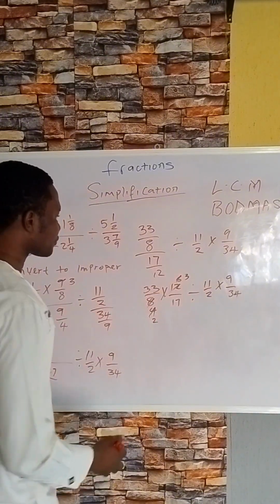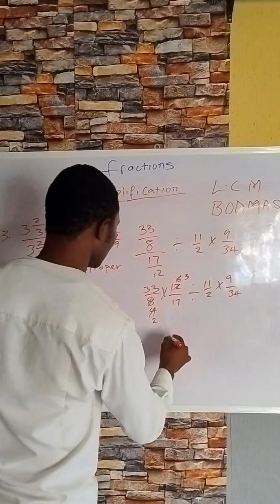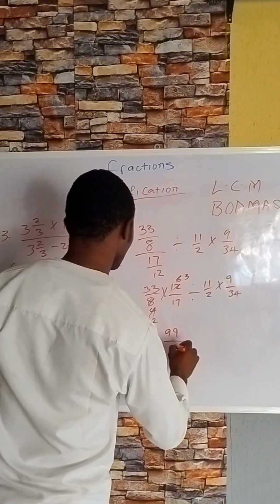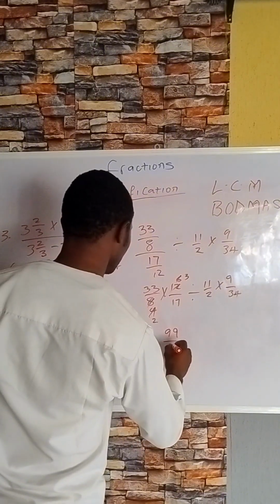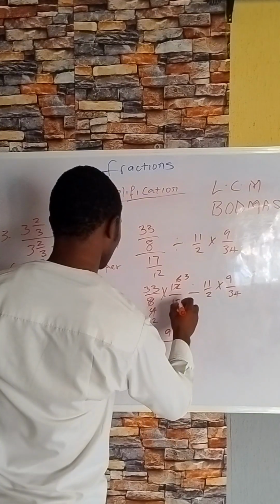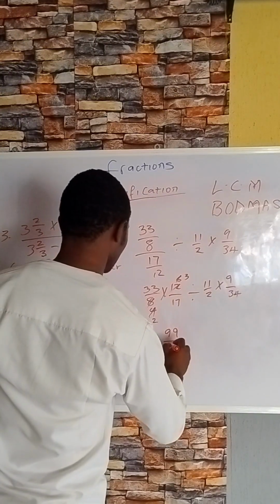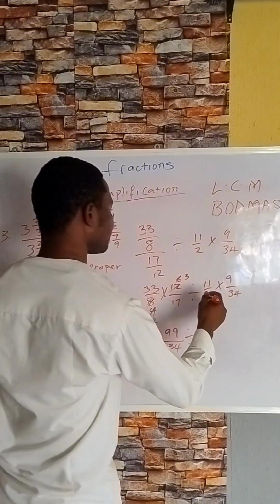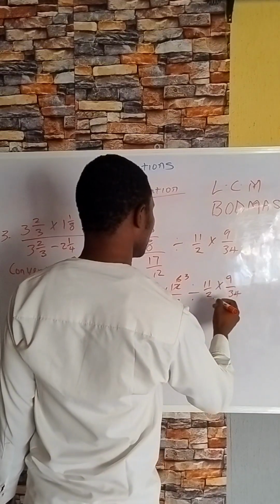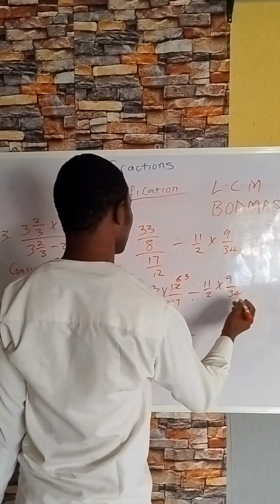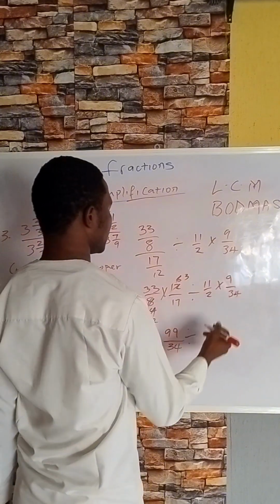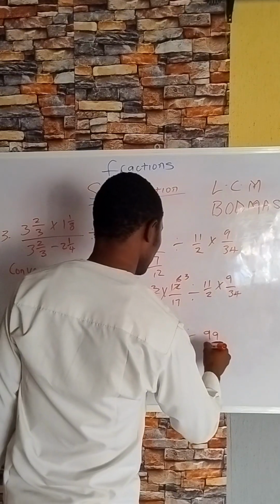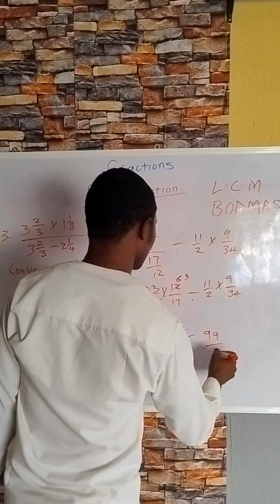So 33 times 3 will give us 99 over 2 times 17, which gives us 34, divided by, no, this cannot divide. So 11 times 9 is 99 over 2 times 34 is 68.